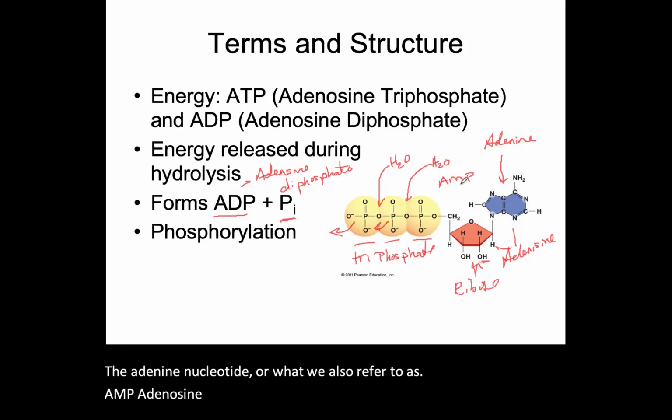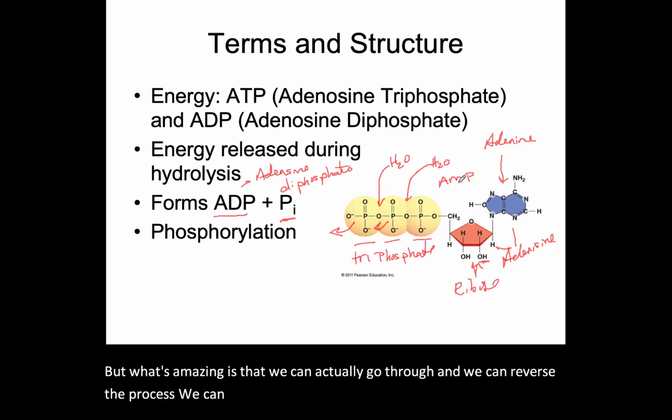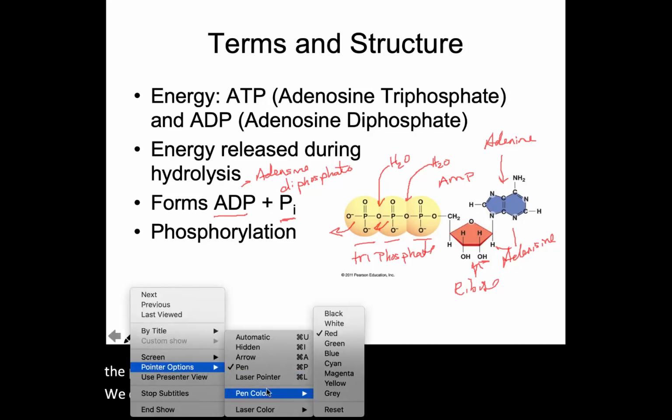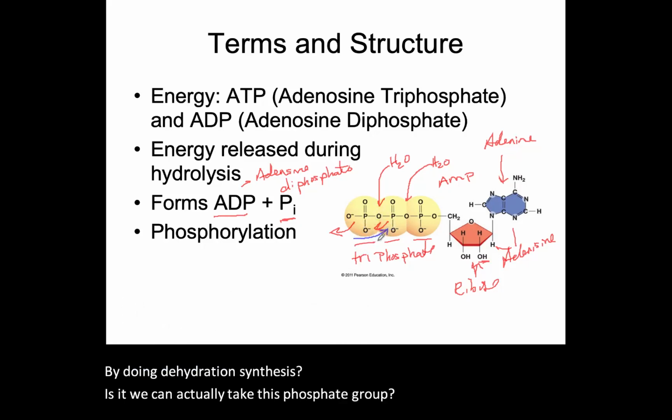But what's amazing is that we can actually go through and we can reverse the process. We can add phosphate groups back on by doing dehydration synthesis. And so we can take this phosphate group and add it back.